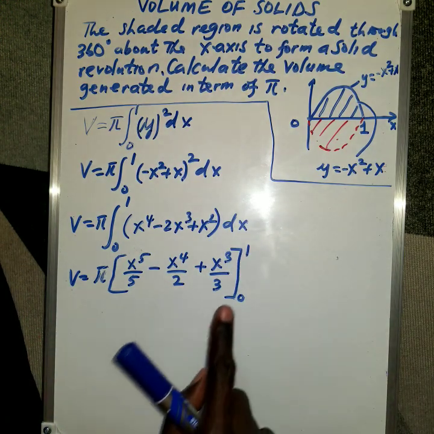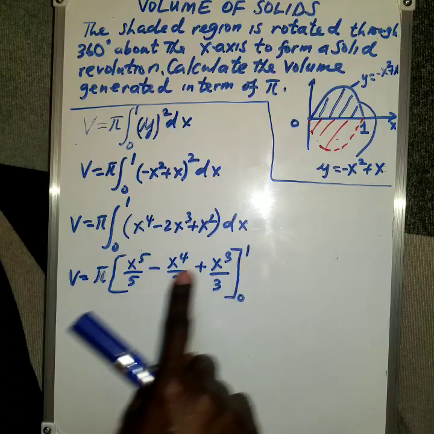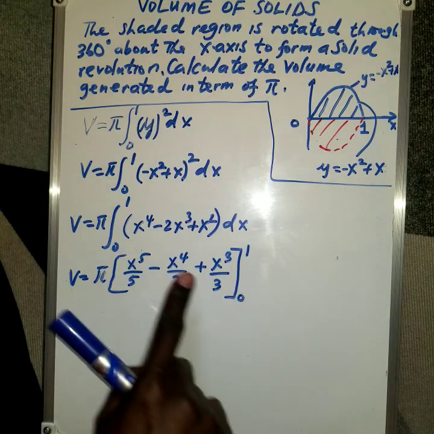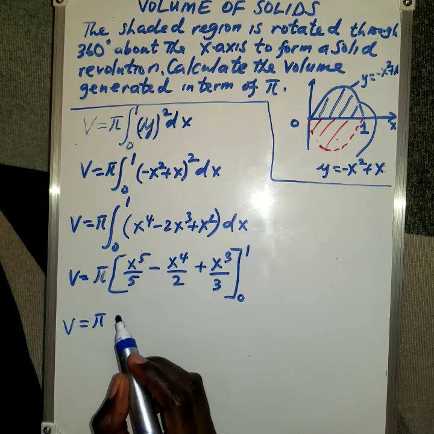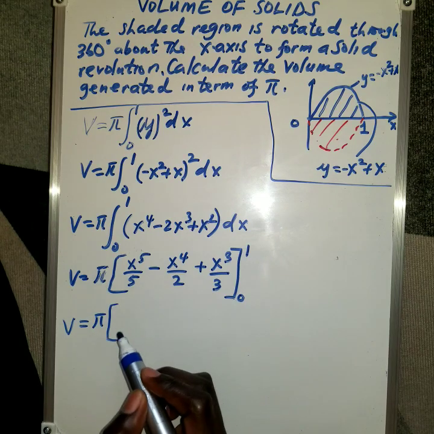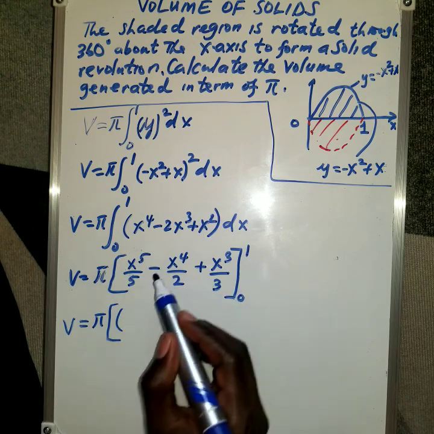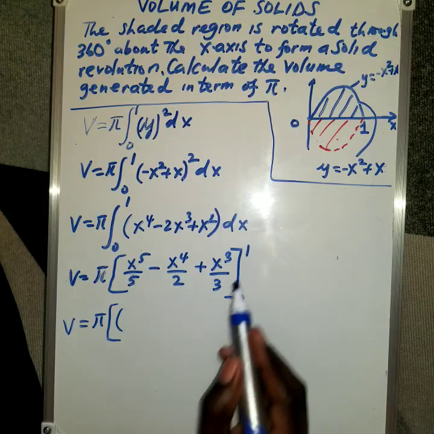From this point, we substitute the upper limit, then minus the lower limit. So the volume is going to be pi times, we start with the upper limit, where there's x we substitute with 1.